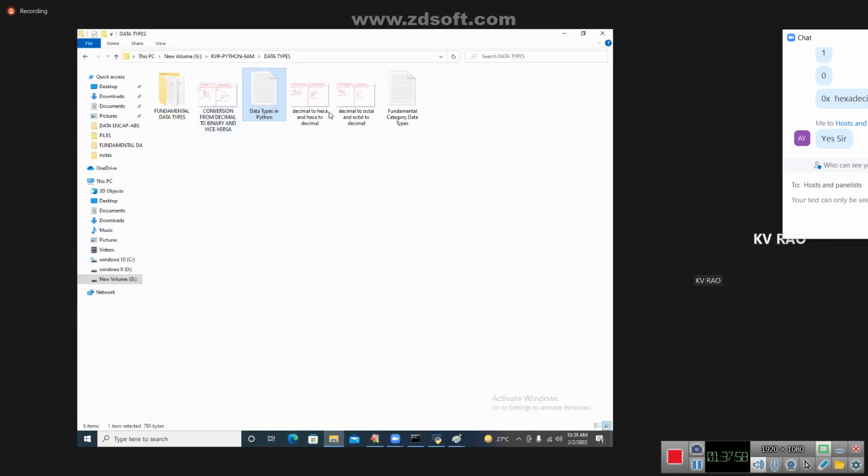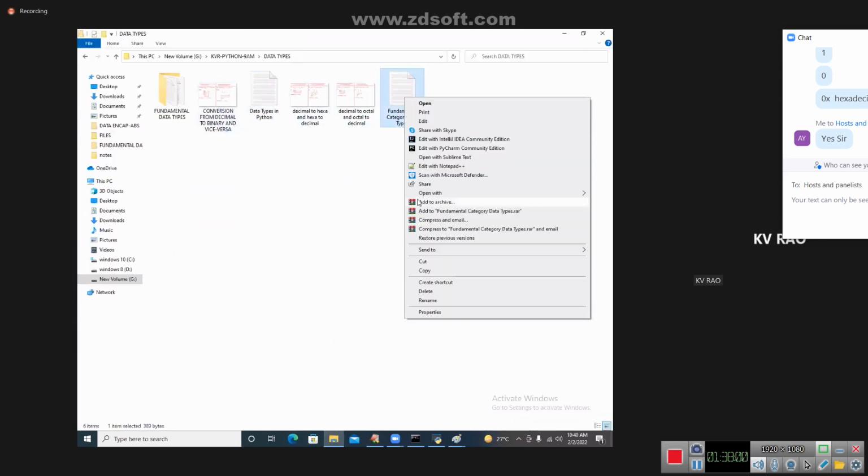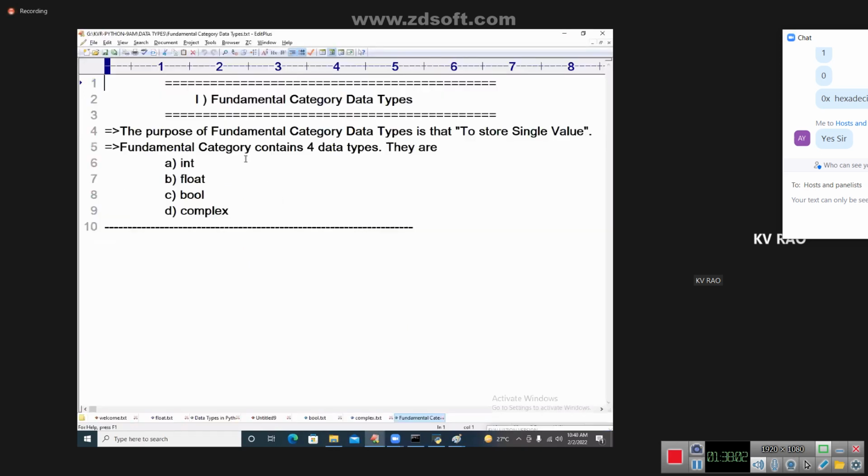Let us look at that fundamental data types once. With the fundamental data types, look at, my dear students, what we have discussed already in the class. Fundamental data types are used for storing which value? Single value. Fundamental category 4 data, int with a single value, float a single value, bool single value, complex single value. Right? Are you getting full clarity on fundamental category? Did you get the full clarity on fundamental category?